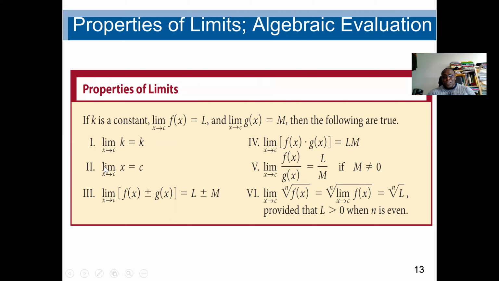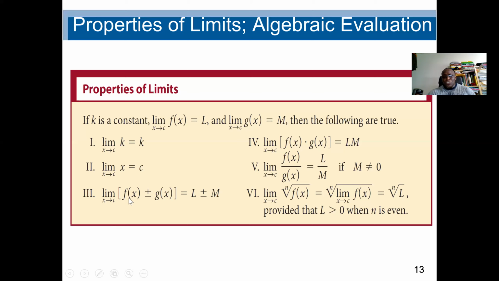Then the next one says, if we have the limit of x as x approaches c, remember we have only a variable x. So whatever value c is, that will be our answer. So let's say if I have the limit of x as x approaches 2, my answer will be 2 because the function is only x. Now, if we have two functions, either adding or subtracting.